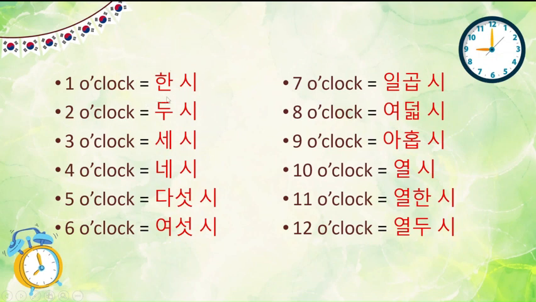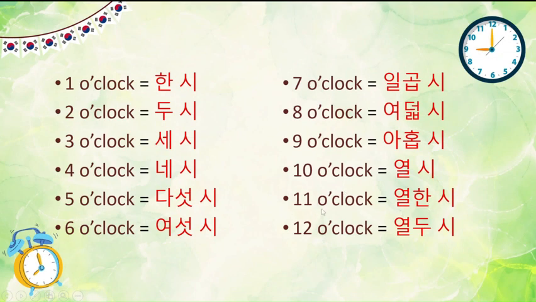1 o'clock, 한시. Similarly, 2 o'clock is 두시, and it goes on like this: 3시, 4시, 5시, 6시, 7시, 8시, 9시, 10시. Then 11 is 열한.